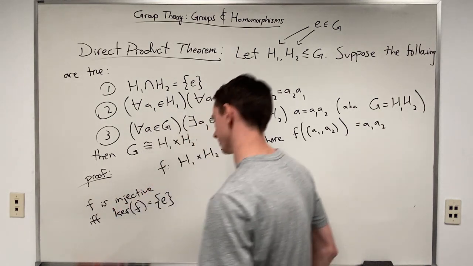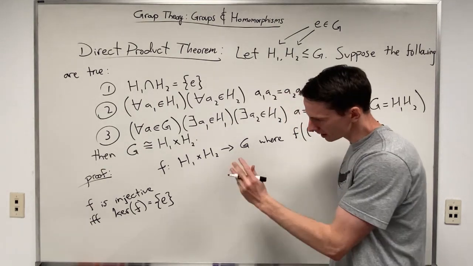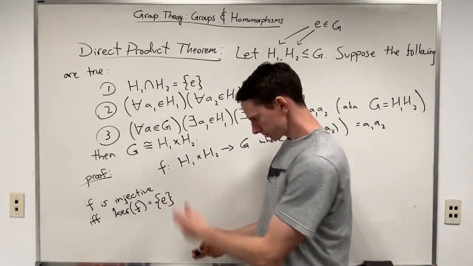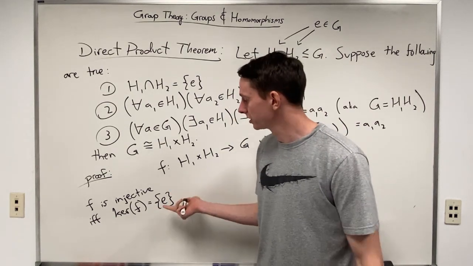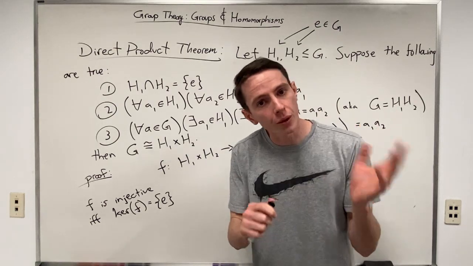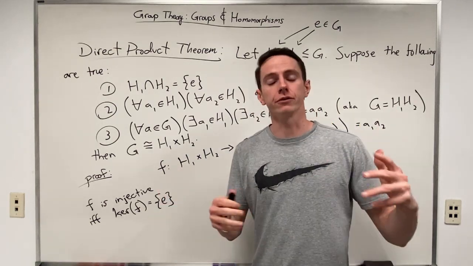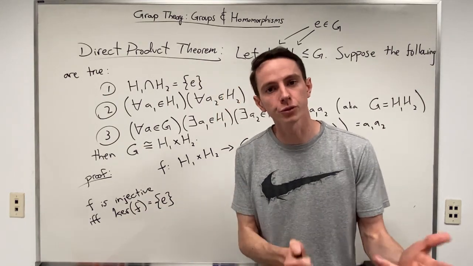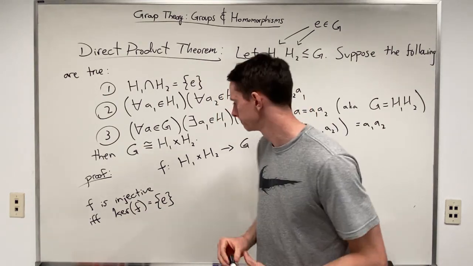That might not have seemed so important at the time, but we established this because it is an equivalent condition to show that a function is injective. So rather than showing that f is injective through the standard definition, this is a completely equivalent way of doing so. So let's do that.